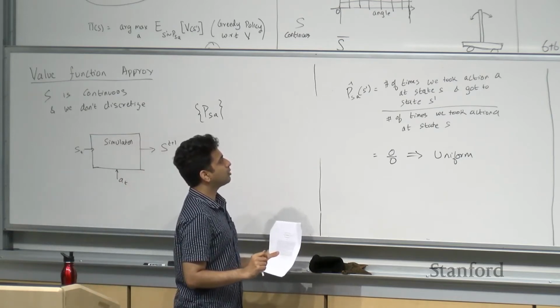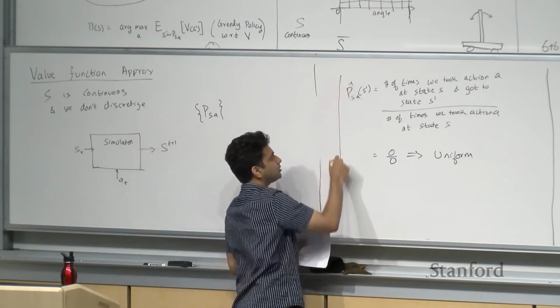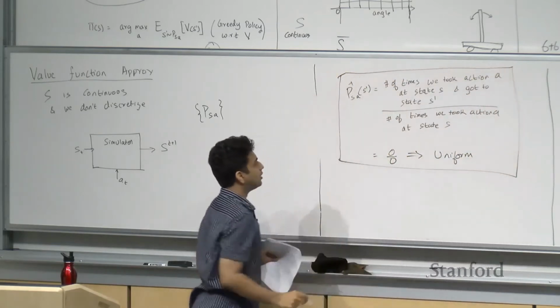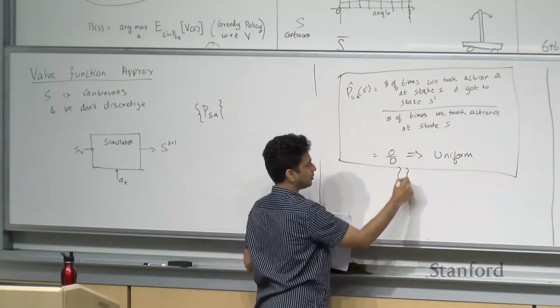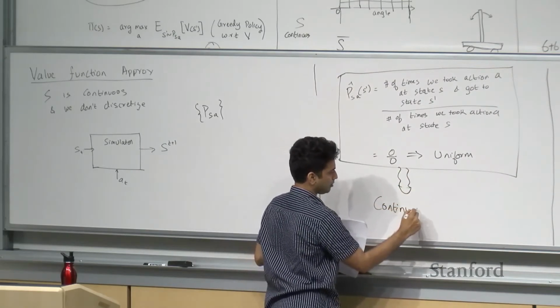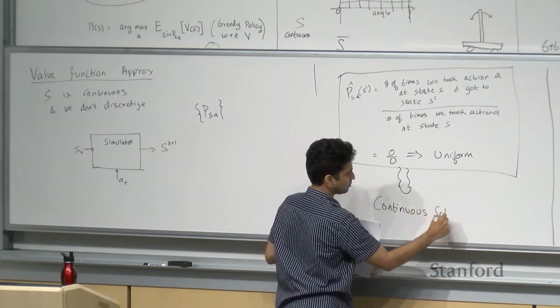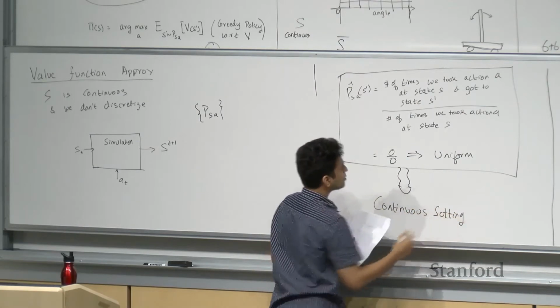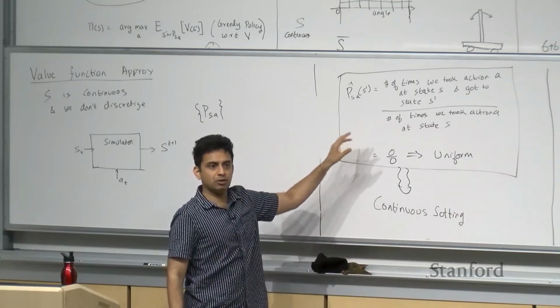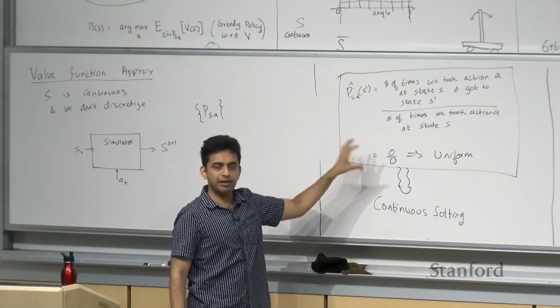Now what we want to do is basically try to do the equivalent of this in a continuous space. So you want to transform this into a continuous setting. This worked well because we were just counting, and we could count discrete things.